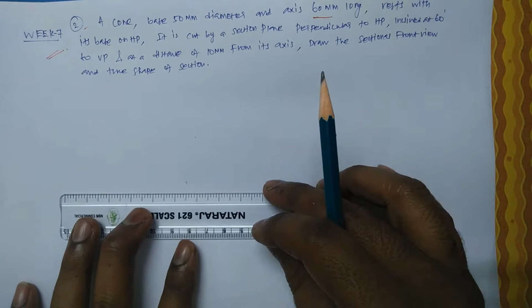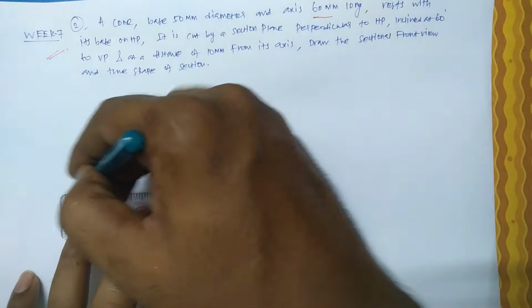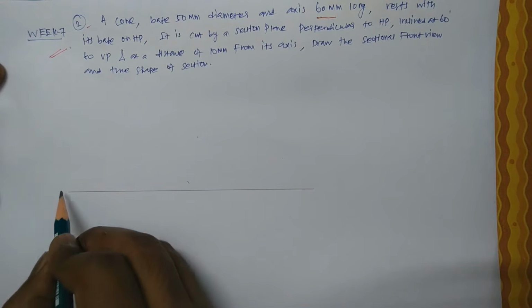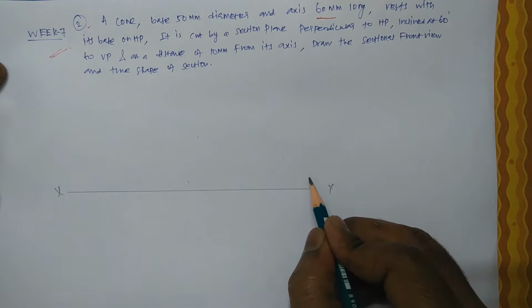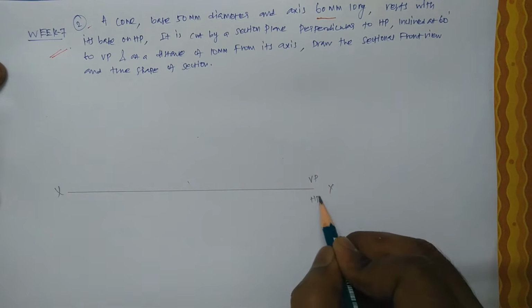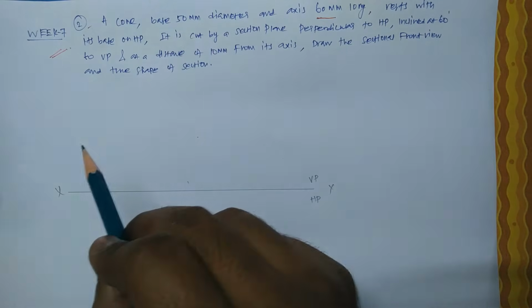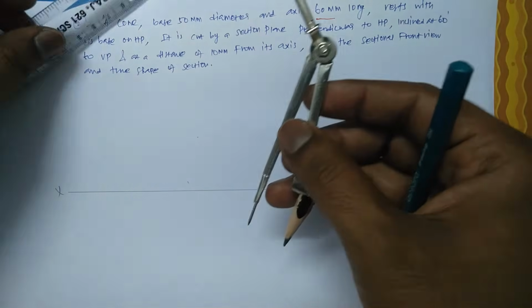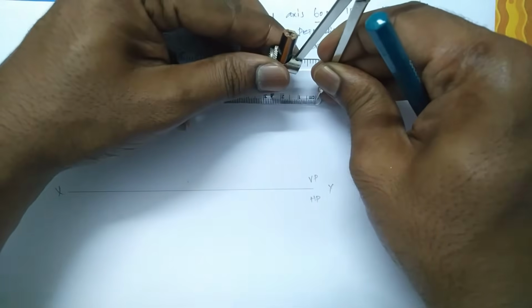Let me make the reference line XY. So this is VP and this is HP. So let us see, the cone base is 50 mm diameter. Let us make one cone of its base, so 25 mm is the radius.